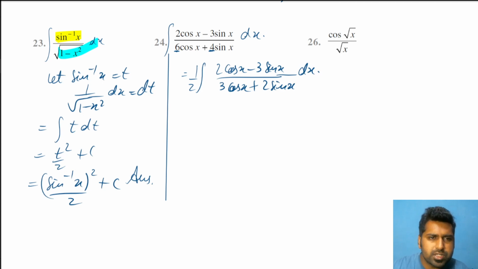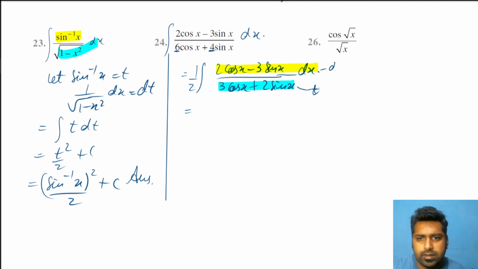Numerator, denominator pretty much looking the same. If I have to guess something as t, I'll take the denominator as t. If I take this as t, what is the differentiation of this? I'm not trying to write it, let's see directly. This is t. So 3 cos x differentiation is minus 3 sin x, 2 sin x differentiation is 2 cos x. The whole numerator is going to be your dt.